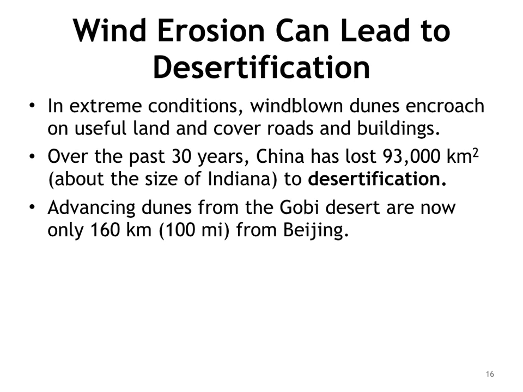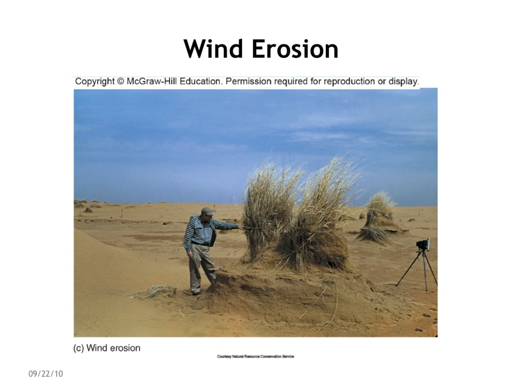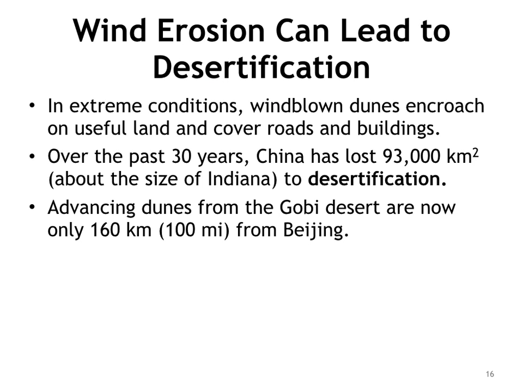Over the past 30 years, China has lost 93,000 square kilometers, about the size of Indiana, to desertification or conversion of productive land to desert. Advancing dunes from the Gobi Desert are now only 160 kilometers, 100 miles from Beijing.